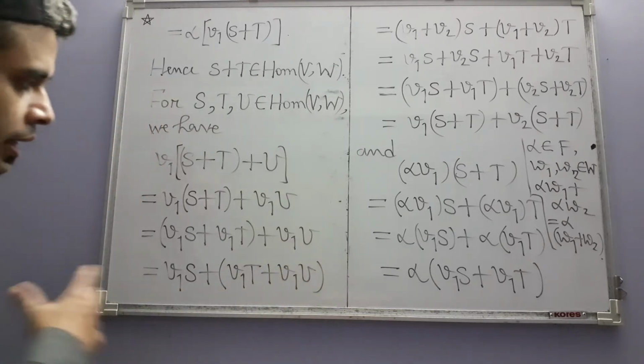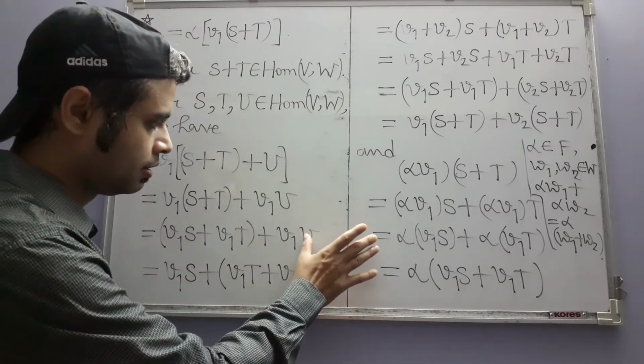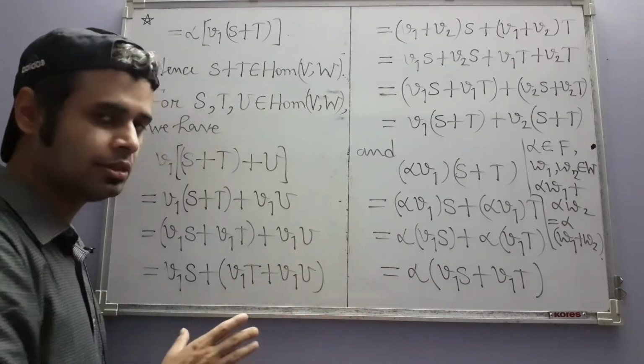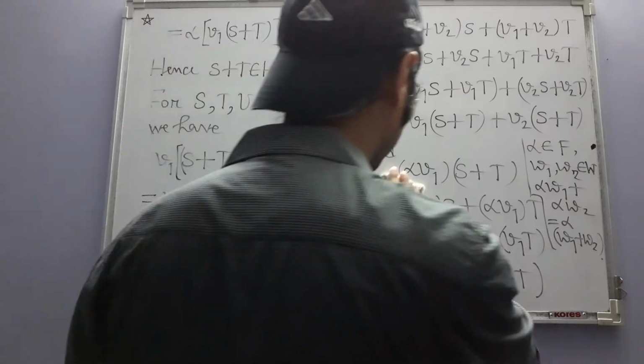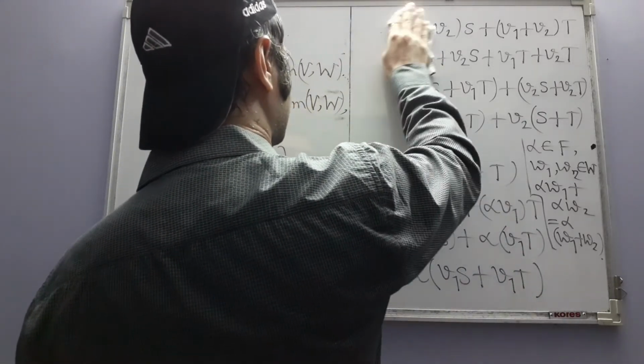If you really want to get down into the details and show everything, then you have to write the justification of each step beside the step, which however we are not going to do because you can clearly see what we are doing in each step.